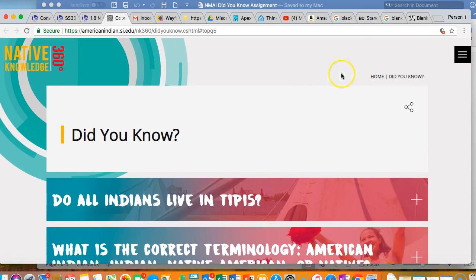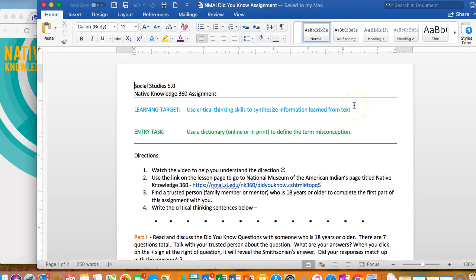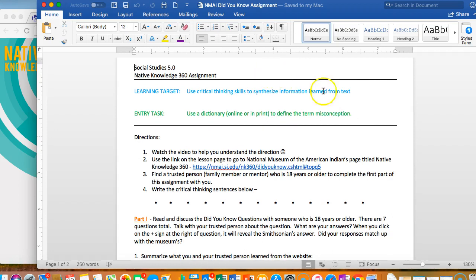So let's pull up the assignment, which I already have done, okay? So here's the title, here is the learning target, and what I would like you to first do for your entry task is to define the word misconception. You can pull up an online dictionary and type the word misconception into the dictionary.